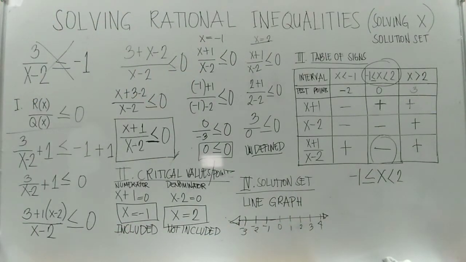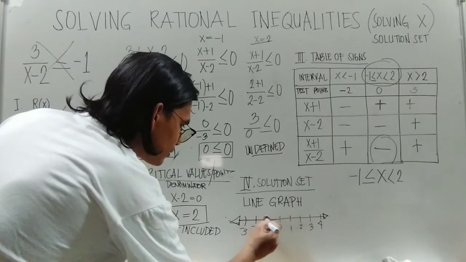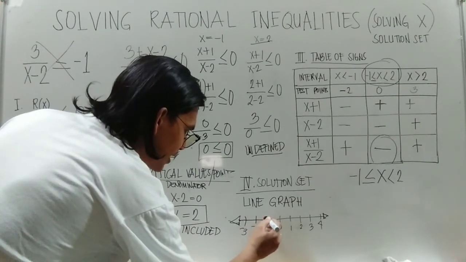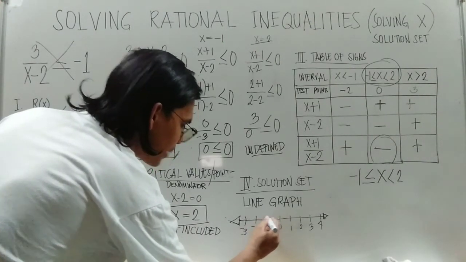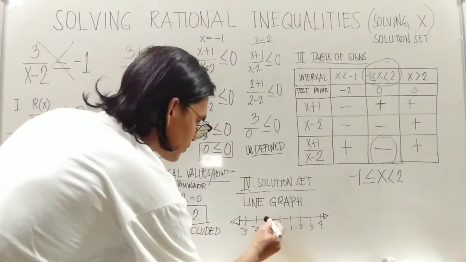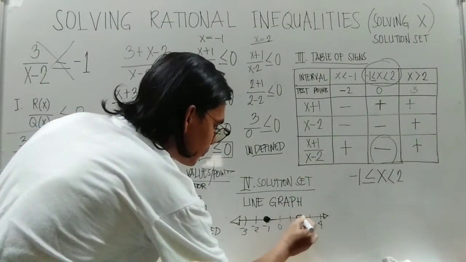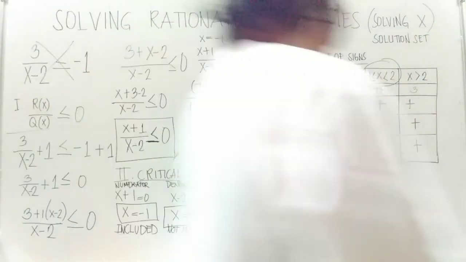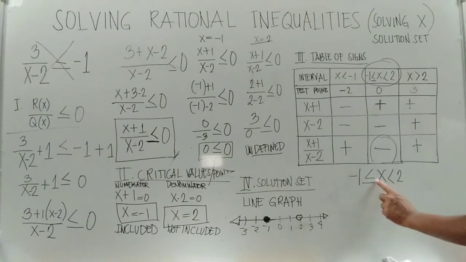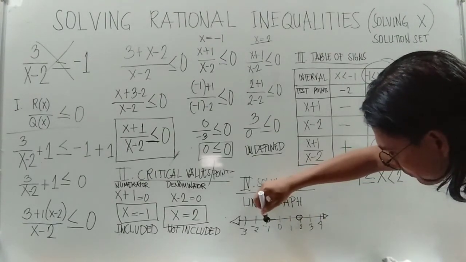Again, your critical points are negative 1, which is included based on the line graph we have drawn, and positive 2. Based on your interval, because you have the symbol less than or equal, equal is included.